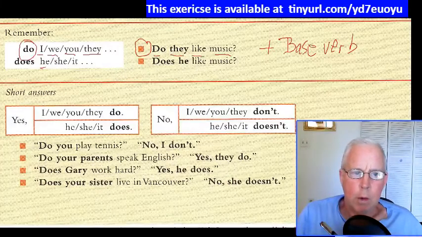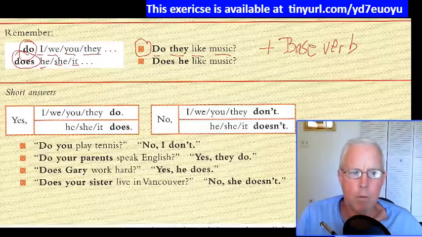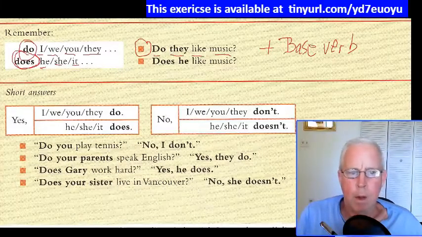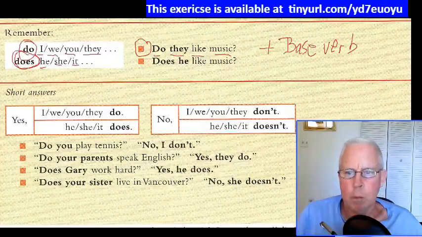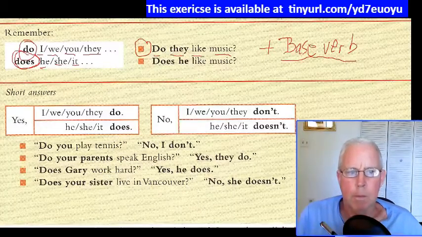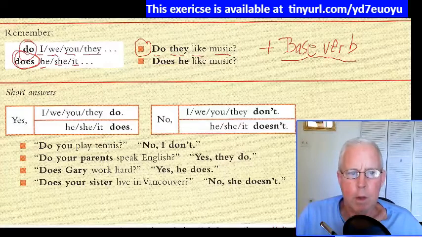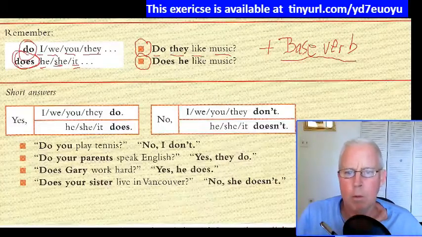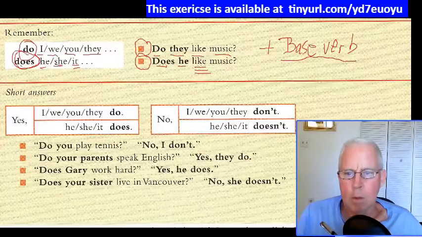But with he, she, it, the question word is does. And it's does plus, again, the base verb. Not a verb with S, base verb. So it's does he, does she, does it. Example, does he like music?